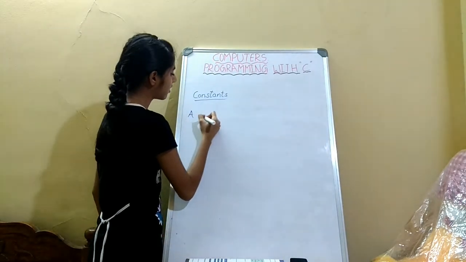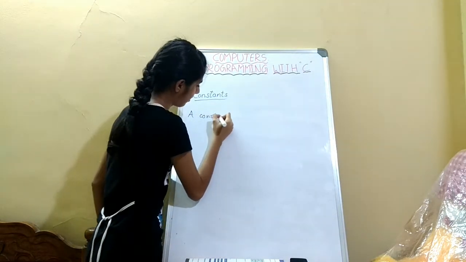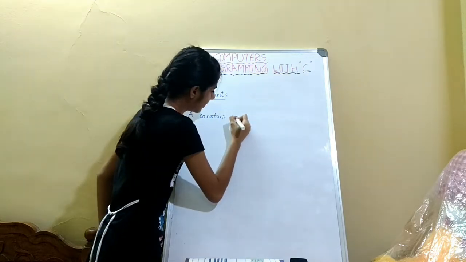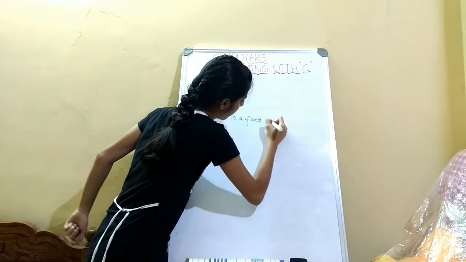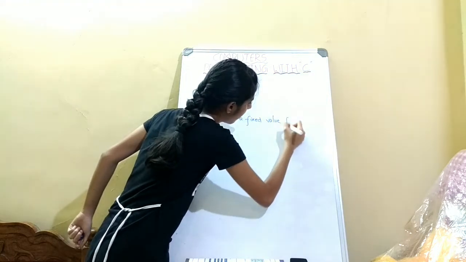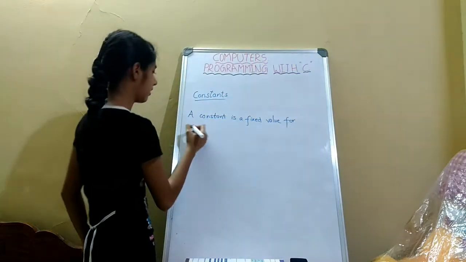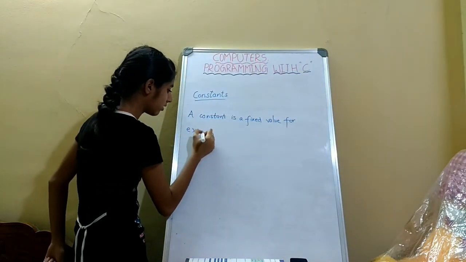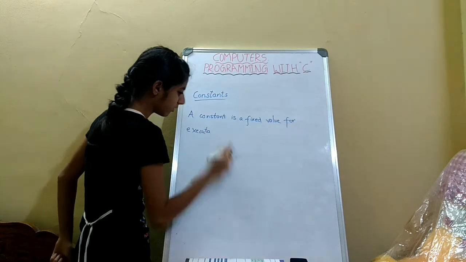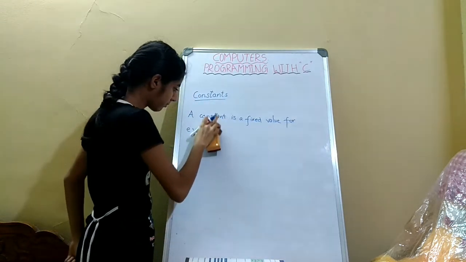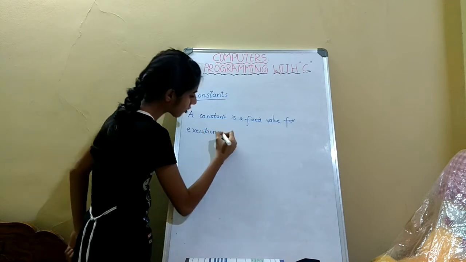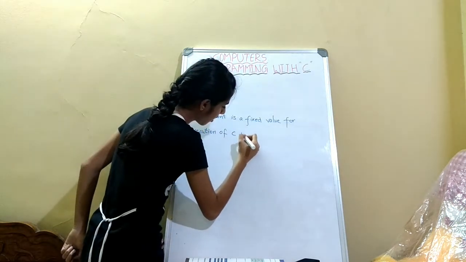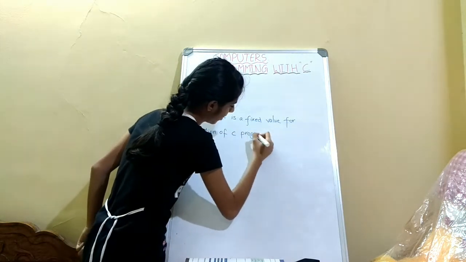A constant is a fixed value for execution of C programming.